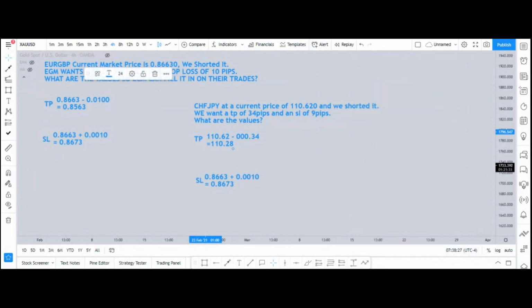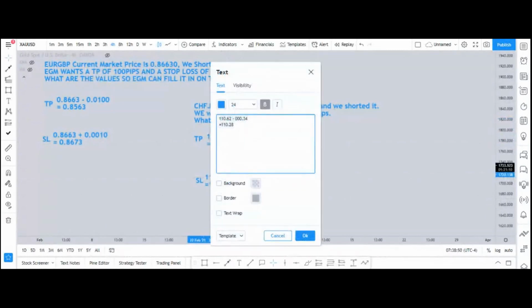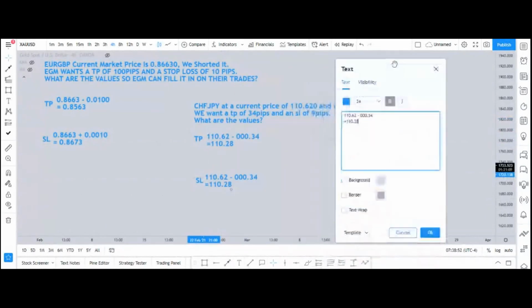Ugochukwu and Debbie had the same TP but different SLs. Let's see which one is correct from the calculations. Let me copy this, paste, then bring it down here. So this will be plus 9 pips, that'll be 0.09.